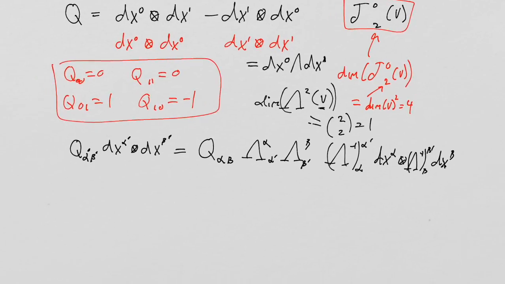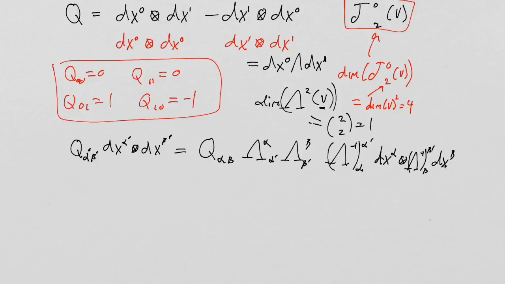That's the way to do it. Sorry. So now you can see this matrix multiplied by this matrix is the unit matrix. That's 1. And this matrix times that matrix, that's 1 also.